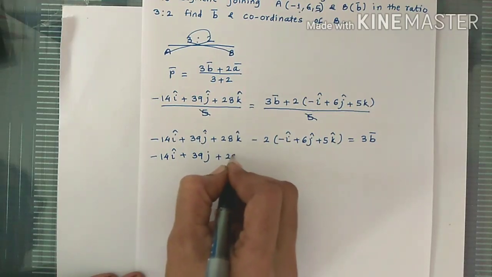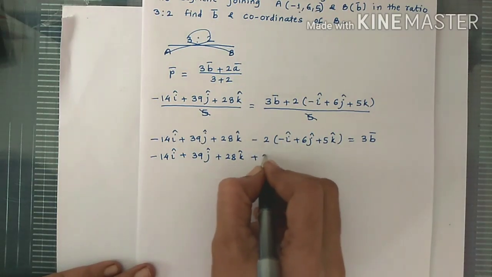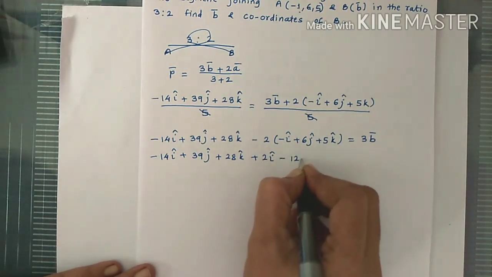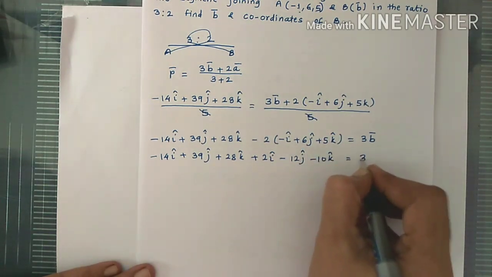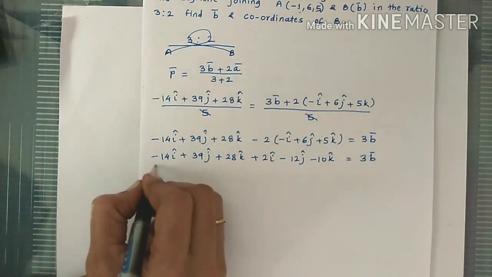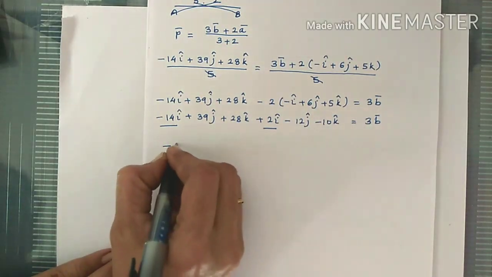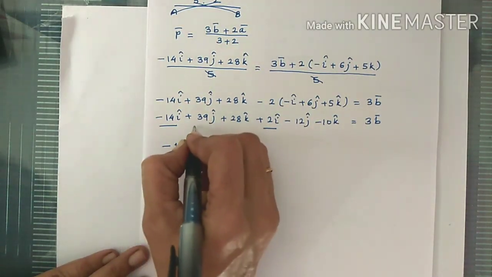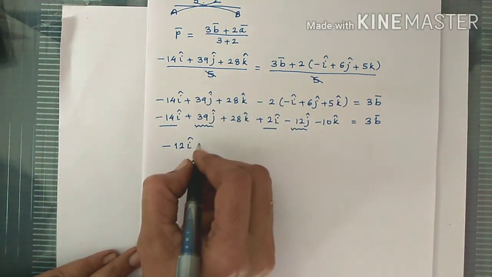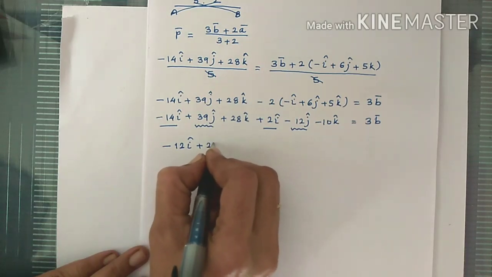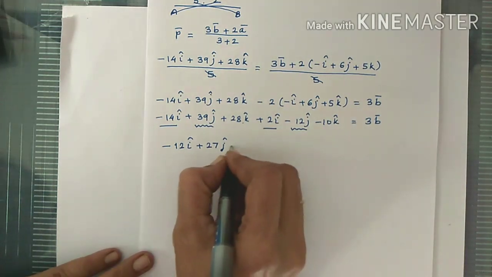Multiplying each term here by minus 2, we have plus 2i minus 12j minus 10k, and it is equal to 3b bar. Now let's consider the term in i cap. So it is minus 14i plus 2i, which gives us minus 12 i cap. Then the term in j is 39j minus 12j, so that will be 27j. And the term in k is 28k minus 10k, that means 18k.